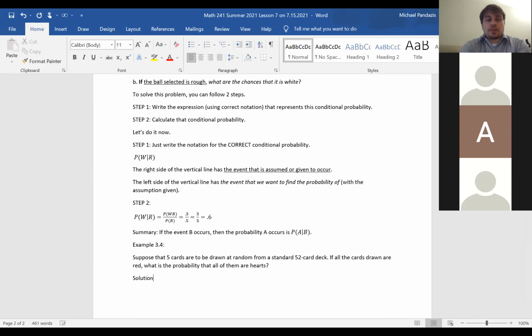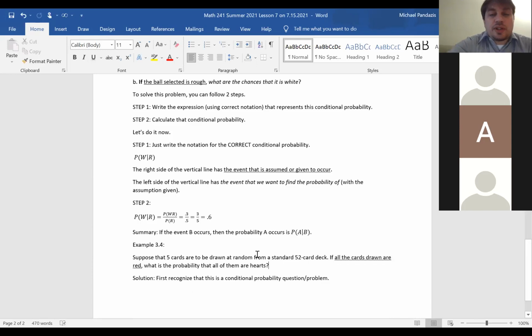Solution. Okay, first recognize that this is a conditional probability question. It says if all the cards drawn are red, what is the probability that all of them are hearts? So after the word if is this statement, and this is the assumed statement after if.